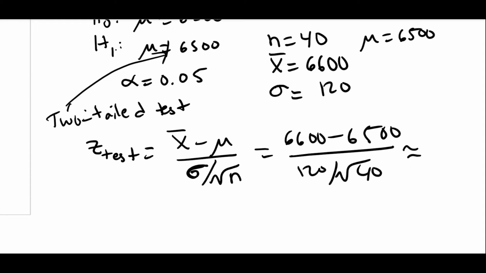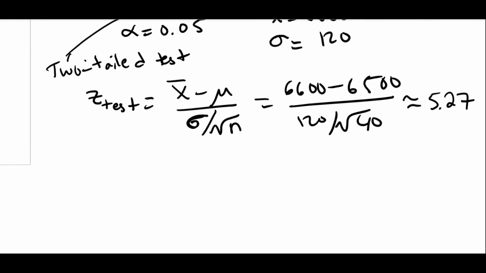And again, you can use a scientific calculator, you can use your phone to do this calculation, or you can use what I would suggest, the Desmos scientific calculator, because it's really useful. Either way, the z-test is going to be 5.27. So that's the test statistic, rounded to 2 decimal places.